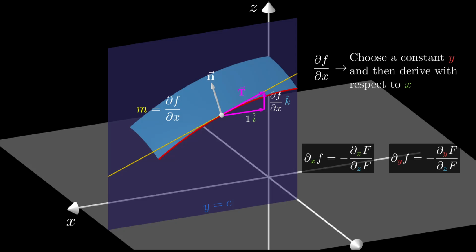With them, we are able to build our 3D plane, and that 3D plane is a linear approximation for our surface. This is the implicit function theorem. Thanks for watching.